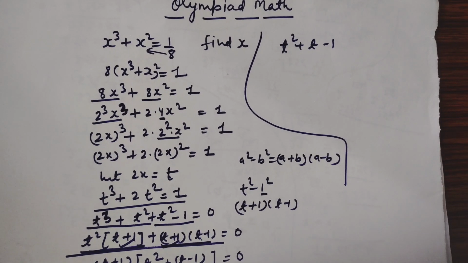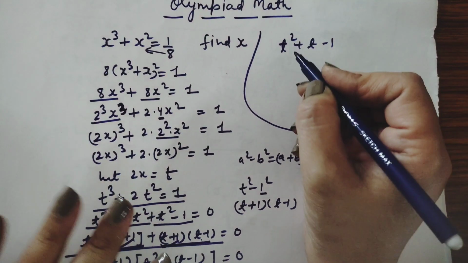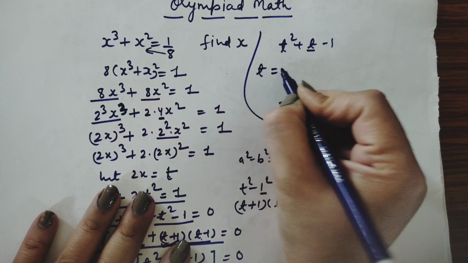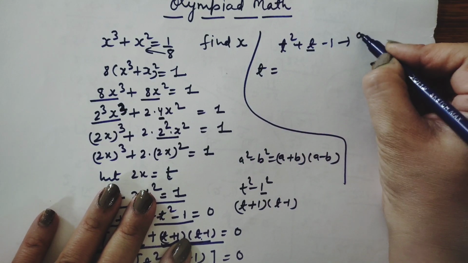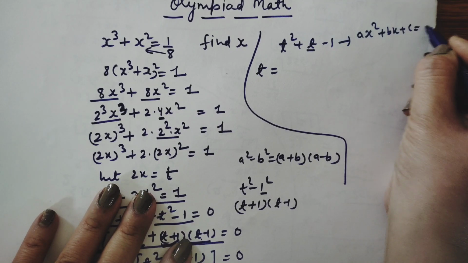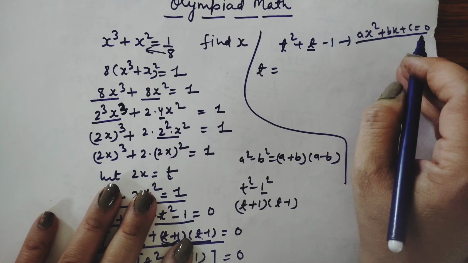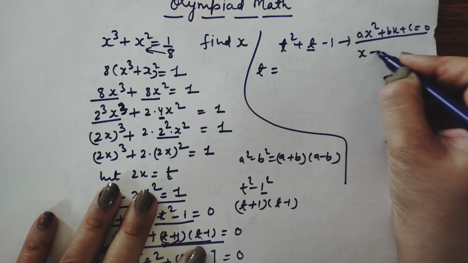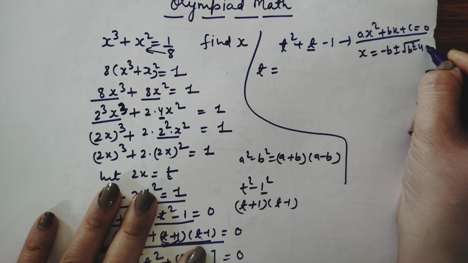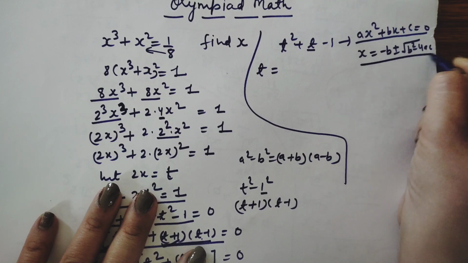How do we find the factors of this quadratic equation? By the quadratic formula. First we compare with the standard form of a quadratic equation, ax² plus bx plus c equals 0. And everybody knows the quadratic formula is x equals minus b plus or minus the square root of b² minus 4ac, upon 2a.